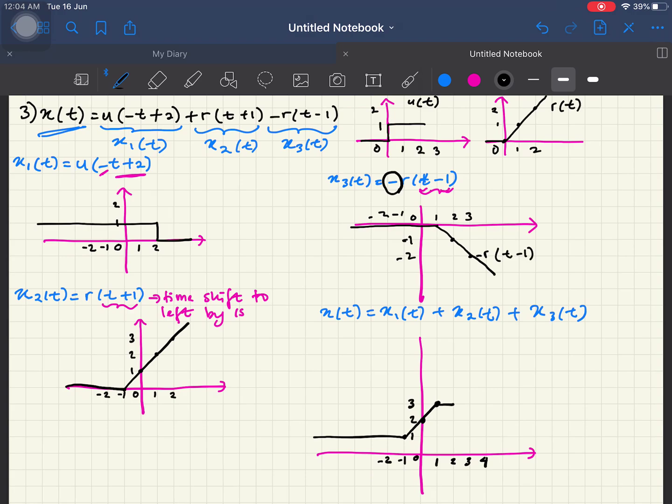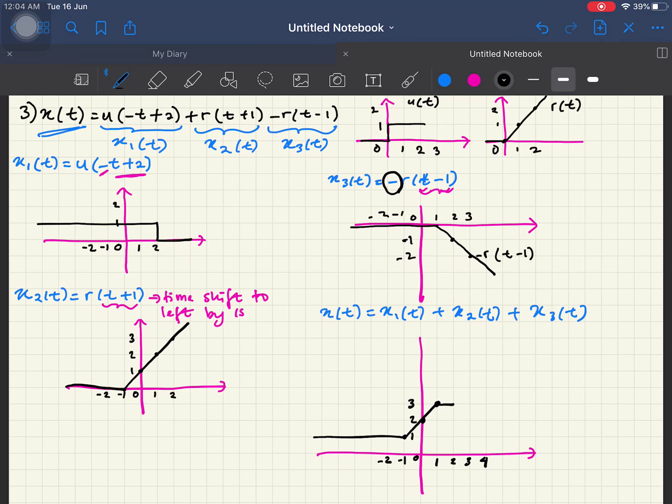Now why do we stop at t equals 2? Because at t equals 2, the step signal changes in the value of its amplitude from 1 to 0. This means the amplitude is dropping by 1 unit.